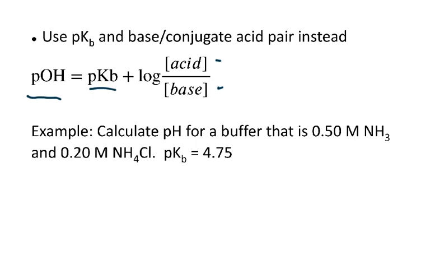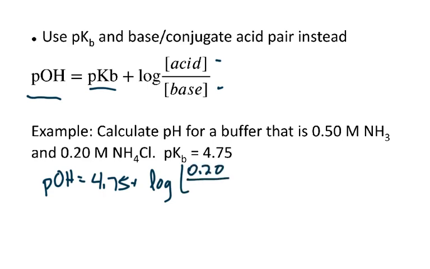The pKb is 4.75, so my pOH is going to be 4.75 plus the log of the conjugate acid, 0.20, over the base, 0.50. So my pOH here is 4.35, which means my pH is 14 minus that, which is 9.65.